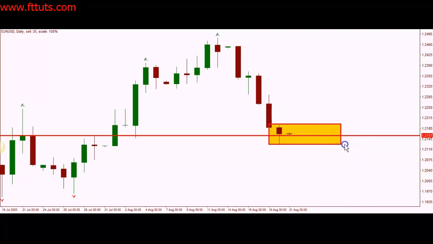All right, so now I'm almost trading the hammer, okay, but I do see this nice indecision candle. So let's see what the next candle gives us.